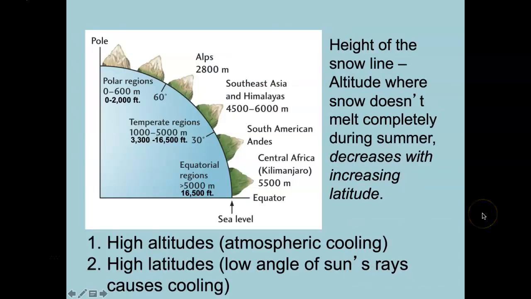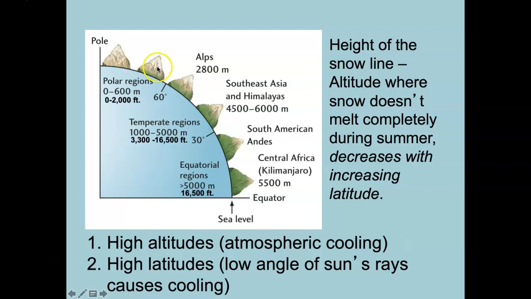All right, so I've mentioned Antarctica and Greenland. Those are big ice caps or ice sheets. There's also high altitude glaciers. So in this image, notice that at the top, the polar regions, there are glaciers from 0 to 600 meters or 2,000 feet.